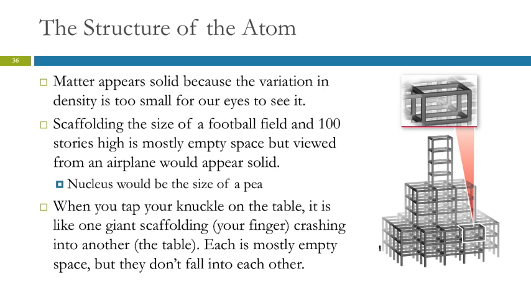So this bench top seems pretty solid, doesn't it? It's mostly empty space. How does that work? Matter appears solid because the variation in density is too small for our eyes to see. There's the extremely dense nucleus, and then there's a very not dense electron cloud.